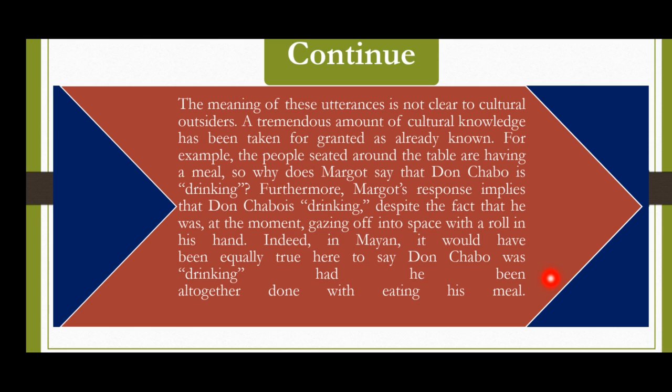And if he has done his meal, then why still say that he is drinking? So two questions are there. Number one, if he has finished his meal, then why is she saying that he is drinking? Second, if he is taking a meal, then why is she saying that he is drinking? We will explain these two questions in the coming slide.